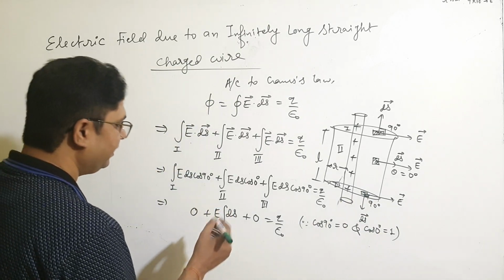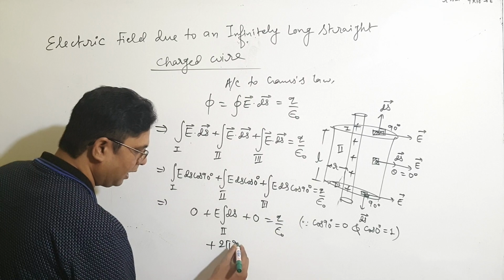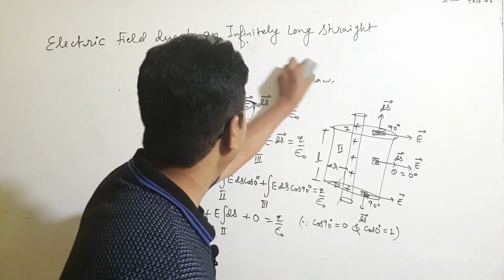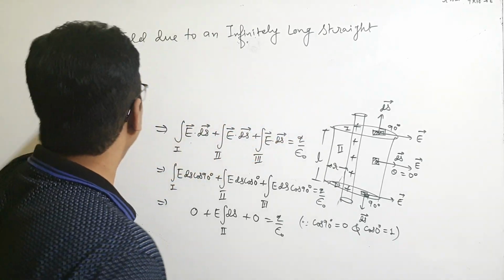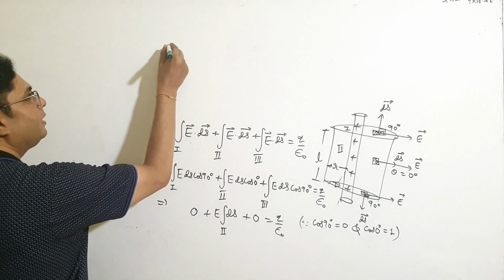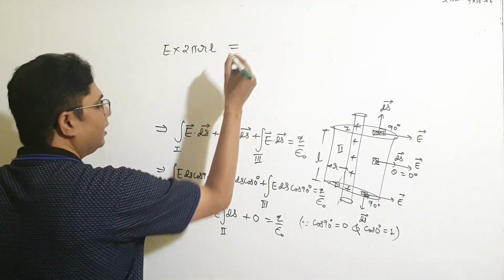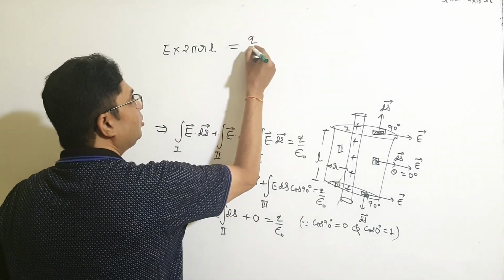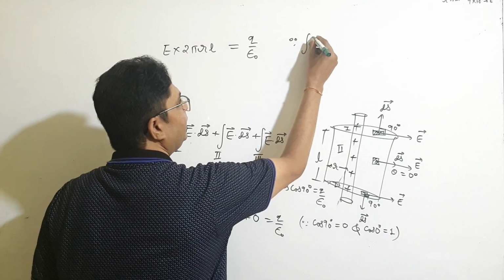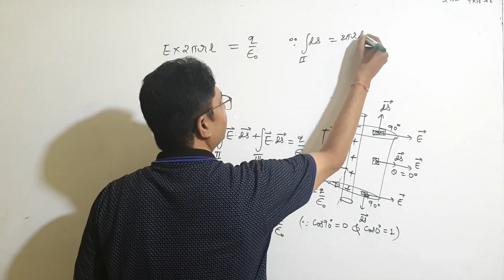So you have E into 2 pi RL, which is equal to Q upon epsilon naught. Why? Because integration of ds second surface is equal to 2 pi RL.